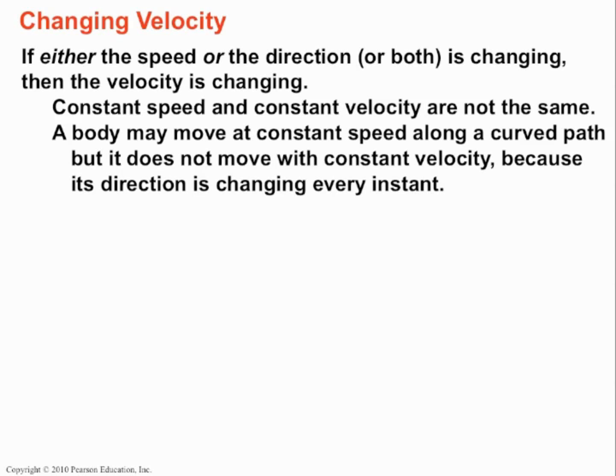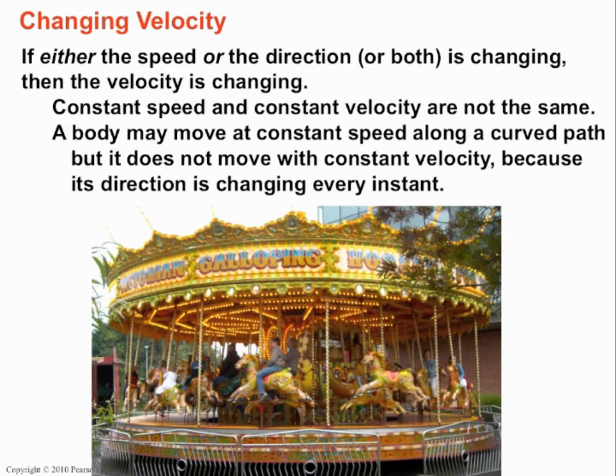A body may move at constant speed along a curved path, but it does not move with constant velocity because its direction is changing every instant. So look at this merry-go-round, or carousel. Once it gets going, for however many minutes the ride lasts, suppose 3 minutes, during that time it's going at a constant speed.